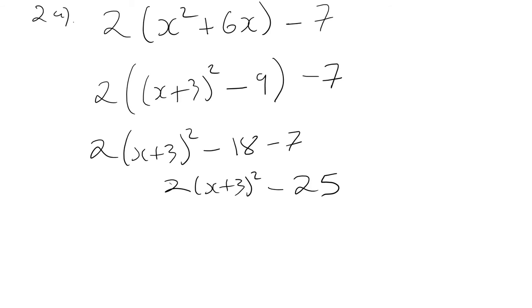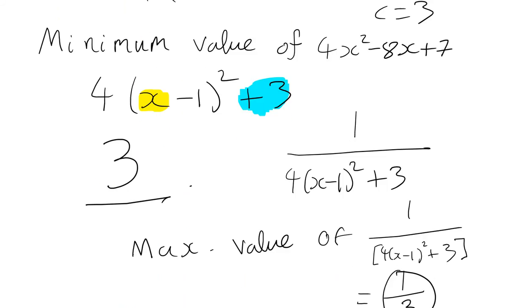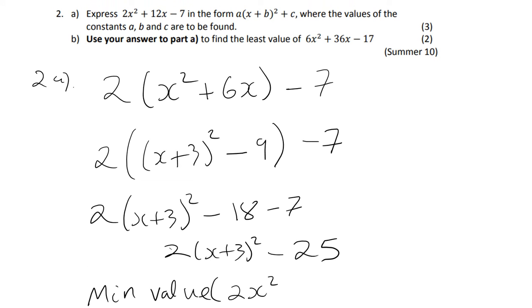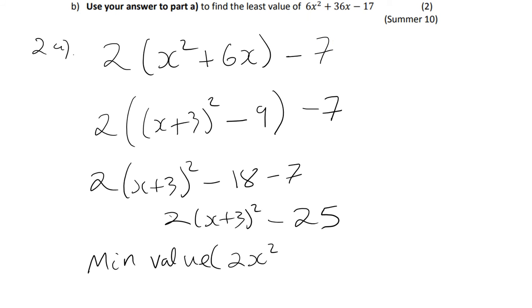So this time we have the minimum value. The minimum value of 2x squared plus 12x minus 7 is minus 25.